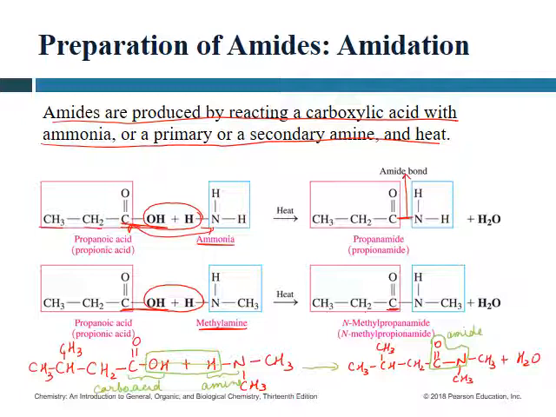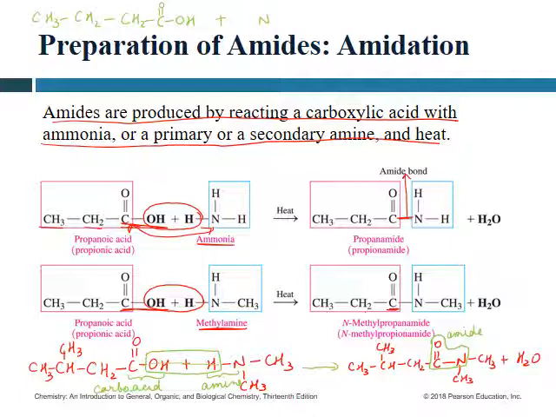If there is no hydrogen, no water can be produced, right? So which means if it is a tertiary amine, it will not give you the product. In case of tertiary amine, what would happen? You would replace this hydrogen also with a methyl group, right? So if I want to do this reaction, CH3, CH2, CH2, C double bond OOH, and I put a tertiary amine here.